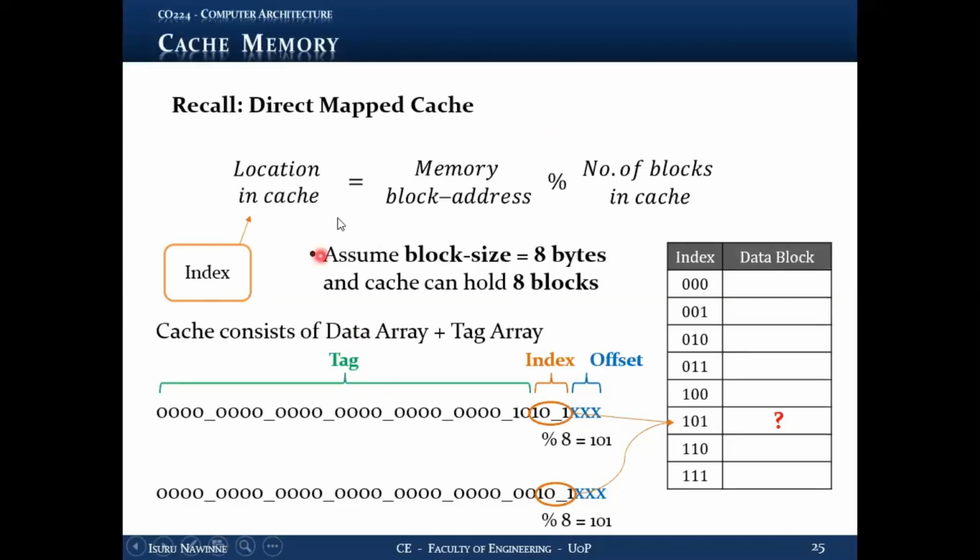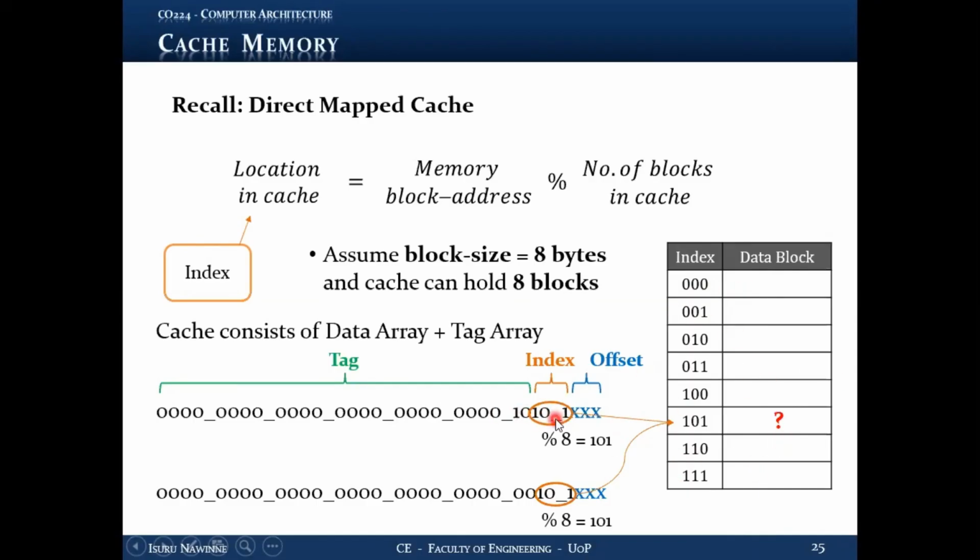Okay, so let's try to recall this direct map concept again. Different data blocks in memory can map to the same index, like what we saw in that slide previously, right? So two different addresses with the same index. If you have more cache entries or cache blocks in this cache, then you need more bits in the index field to address or refer to those entries.